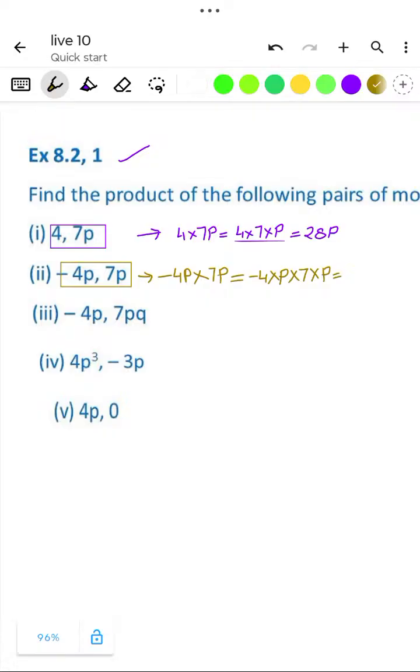Now we have a negative sign here, so this will be negative 4 multiplied by 7, which is 28, and we have two p's here. This is one p, this is the second p. So p into p is p square, because this has one power and this also has one power, and when we multiply, powers are going to add. So this is negative 28p square.